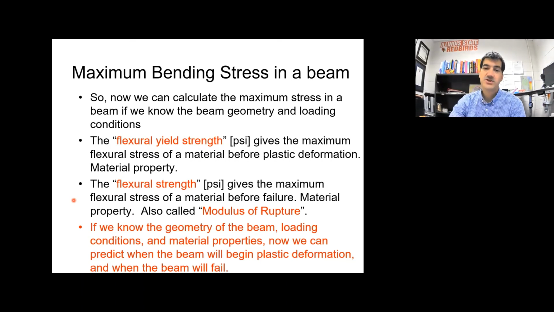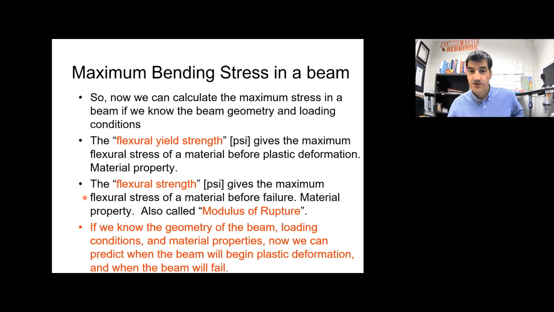The other term that is synonymous with flexural strength is modulus of rupture, sometimes abbreviated MOR. So these two values, the flexural yield strength and the flexural strength, aka modulus of rupture, those are material properties. Those are properties of the material.